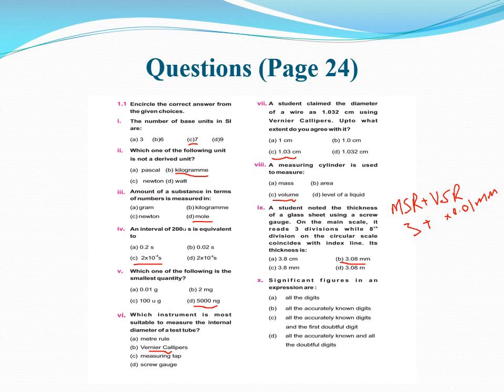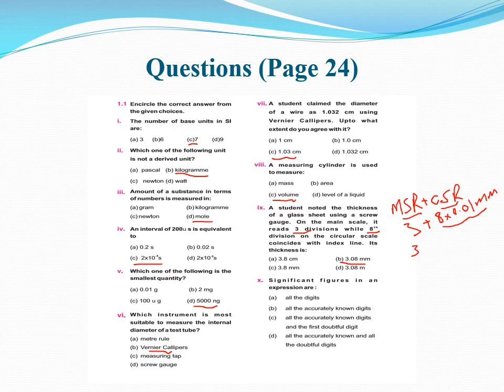Here the correction is made. The 8th division is coinciding. Again it's a circular scale reading. Again, please kindly note it down. So main scale reading plus circular scale reading. Main scale reading is directly obtained from here, and circular scale reading is obtained by multiplying this 8th division, which is coinciding with the index line, with the least count of the screw gauge.